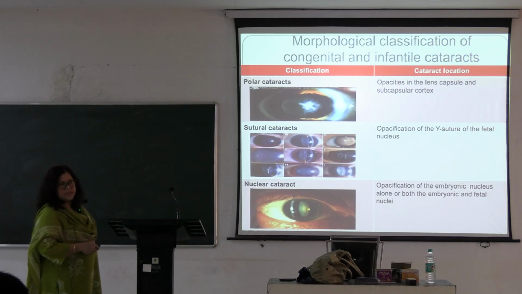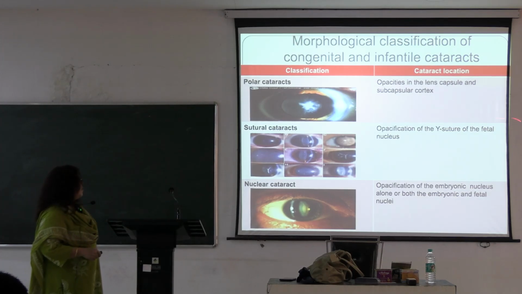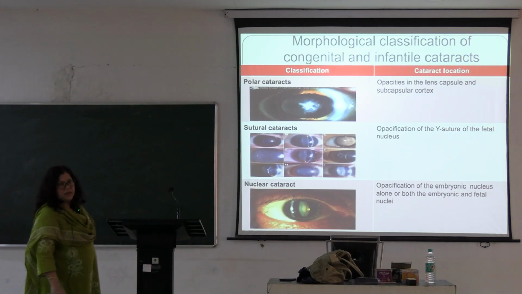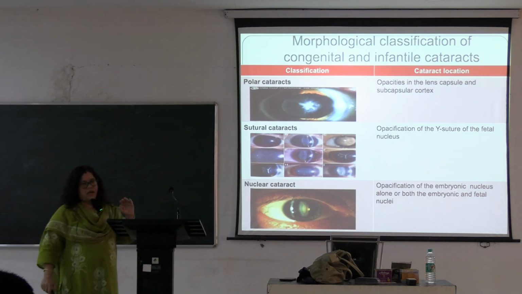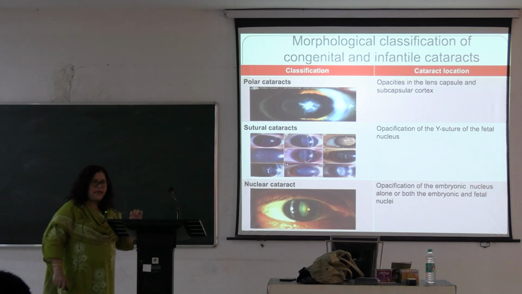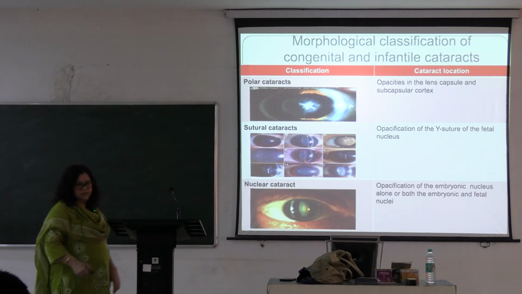So the opacity is present in the fetal nucleus, the oldest lens fibers. Then nuclear cataract, when opacity is present in the embryonic nucleus. In nuclear cataract, it may also involve the embryonic nucleus as well as the fetal nucleus.